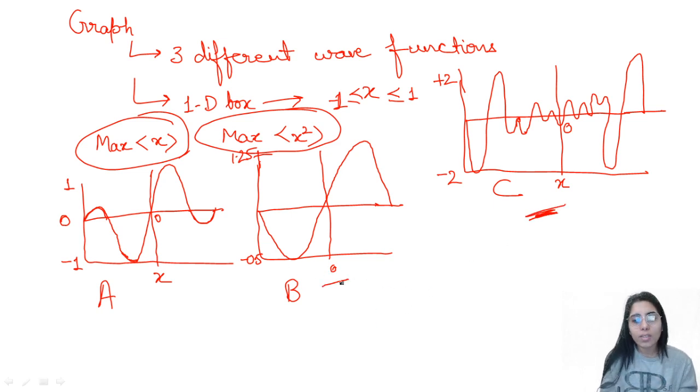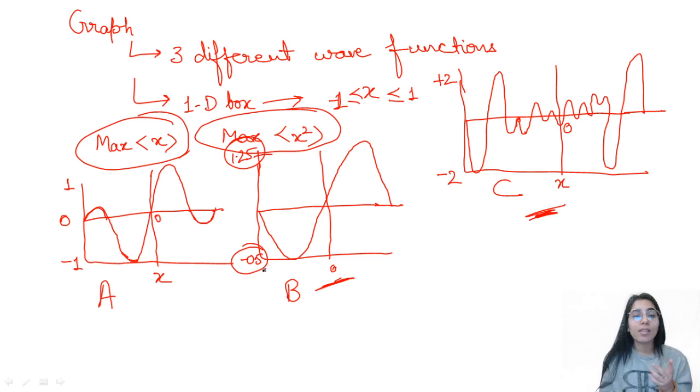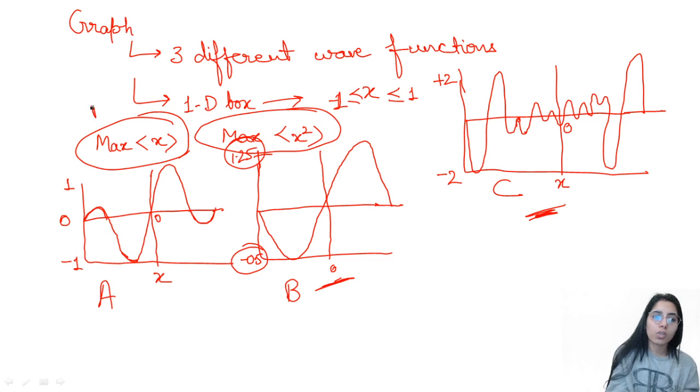But if you look at this graph, on the negative side there is only minus 0.25, 0.5, and it is positive 1.25. So it will give us a higher value, which means the expectation value of x will be maximum in this case out of the 3 graphs. Okay, so if you take the sum of values and divide by the number of data points, that is how you will find it. So in that case it will give you the maximum value of the expectation value of x.